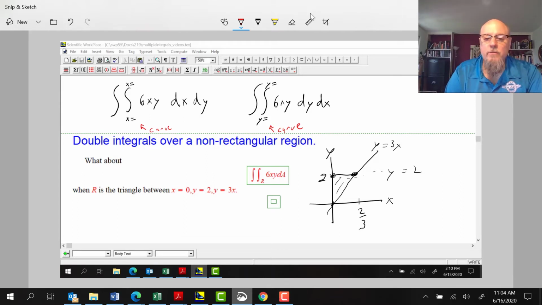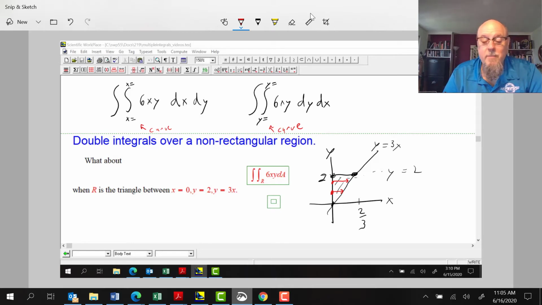Now, all the way through the shape, when it was a rectangle, our x's started on a line and ended on a line, so we could just put number and number. Now, it depends on where I am in this shape. Down here, I start at x equals 0 and go to x equals some x value. It depends on the height. Here, I start at x equals 0 and I go to some different x value.